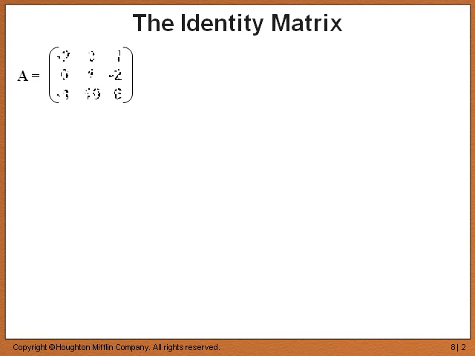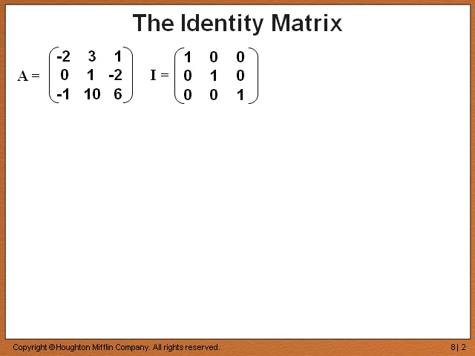If I have a matrix A, for example, this matrix, -2, 3, 1, 0, 1, -2, -1, 10, 6, I can multiply it by another matrix I, and I stands for identity, and you'll see why in a second. And the I matrix is 1, 0, 0, 0, 1, 0, 0, 0, 1.